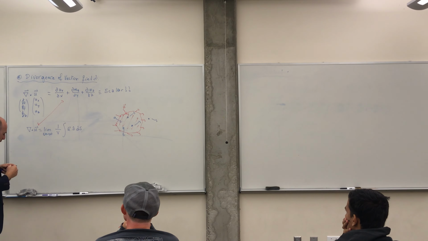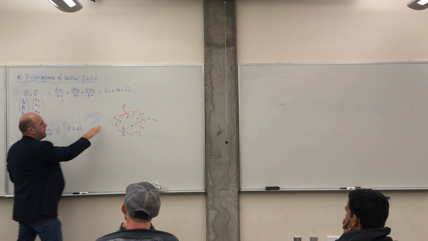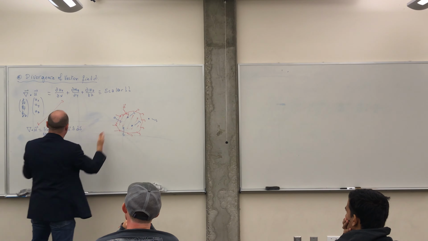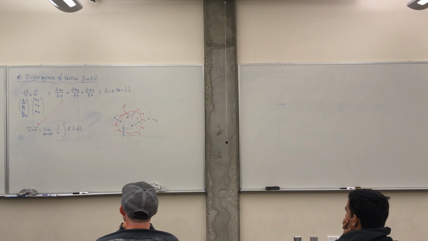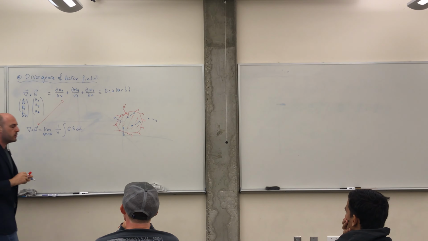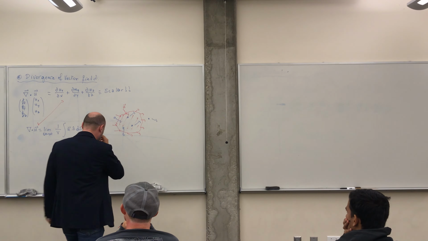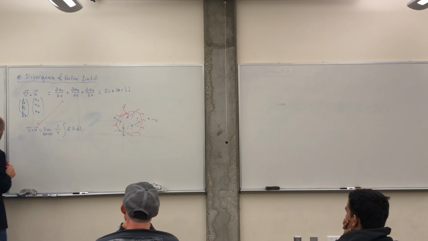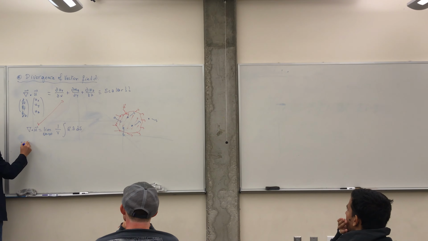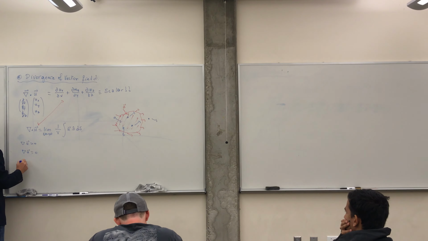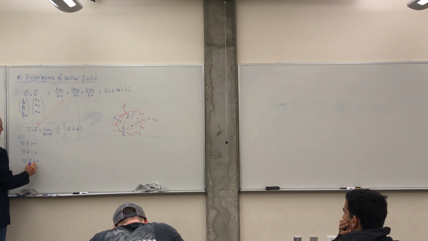Okay. Now, this is the mathematical definition. I'm not going to do the proof, but I want you to have a physical, intuitive understanding of what divergence is. Okay? So we'll go back here. We have a few cases for div u: div u is positive, div u is equal to 0, and div u is negative.